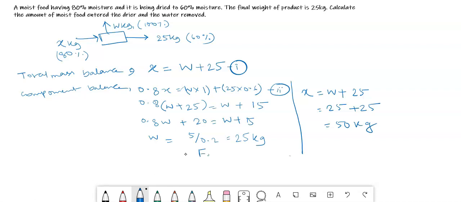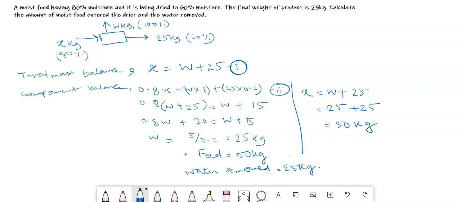Hence, the feed that entered the dryer is 50 kg, and the water removed is equal to 25 kg.